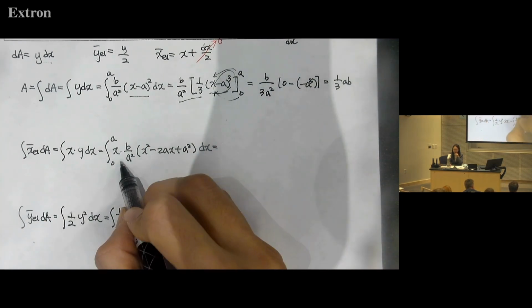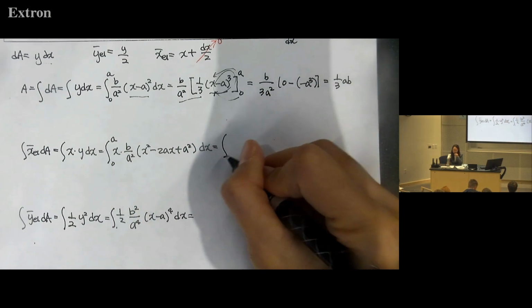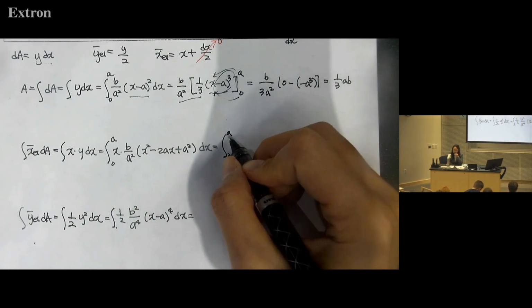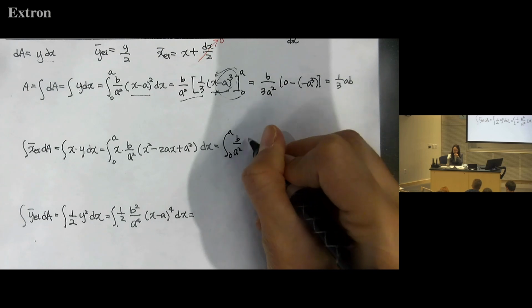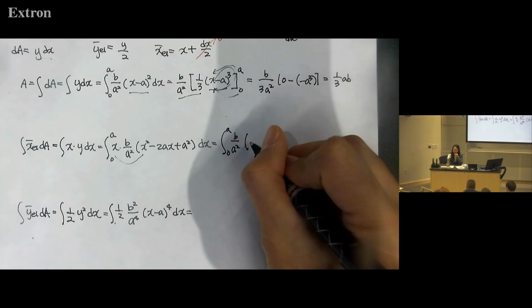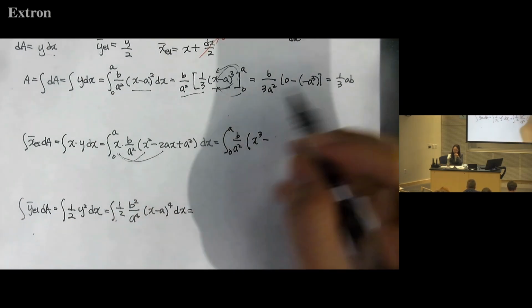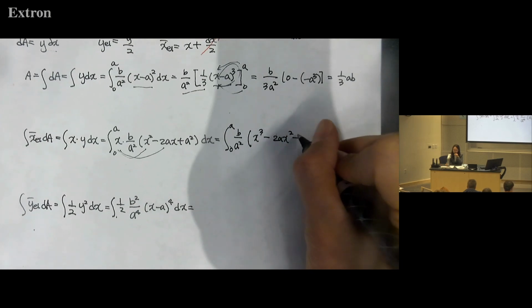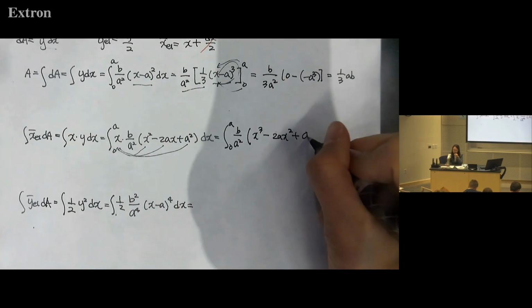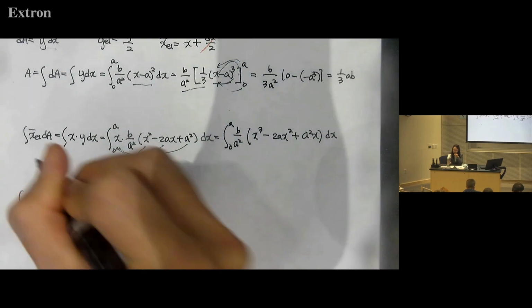Here, we need an intermediate calculation. So I use the integral from 0 to a and then b over a squared, and then multiplying by this x cubed, this 2a x squared, and then this a squared x dx.